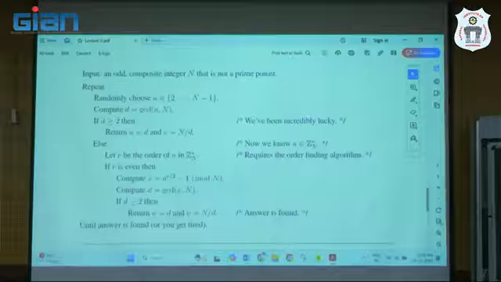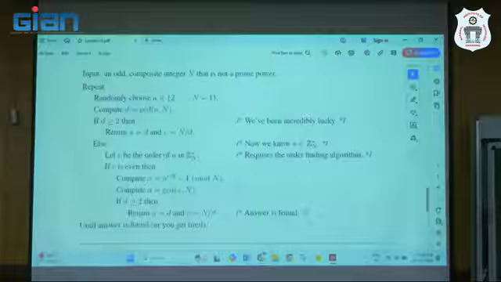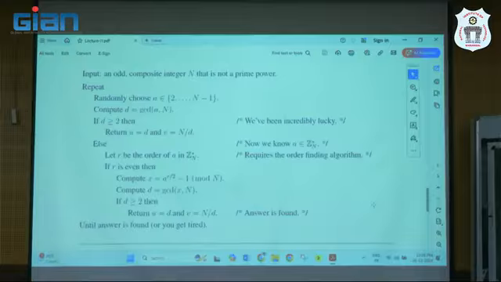What are we going to do? Our overall outer algorithm is what? Given we have to factor n, we are only interested in finding one factor. Once we find one factor, we divide and we are into two parts. We repeat. When we say not a prime power, that means that number cannot be written as some prime number to some power.